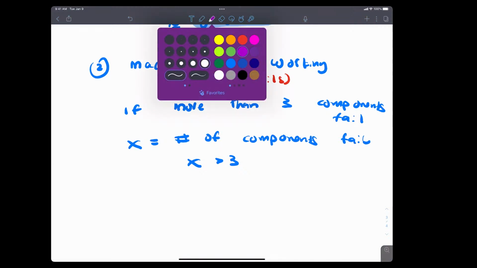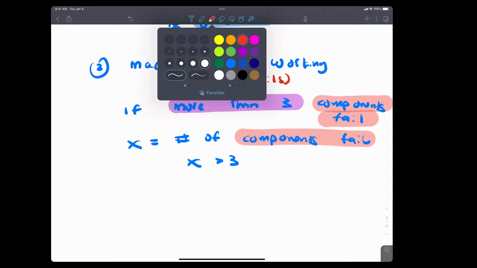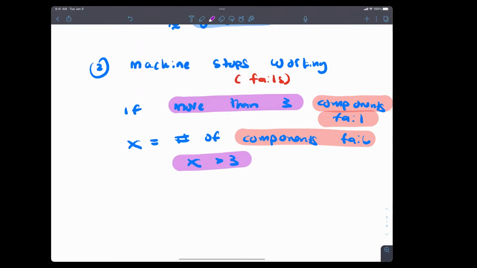So what I get out of this statement is more than 3. Remember, let your successes be what's in the question. It's kind of odd. Successes fail. You know what I mean? So, in other words, X is greater than 3. This is the situation where the machine itself fails.